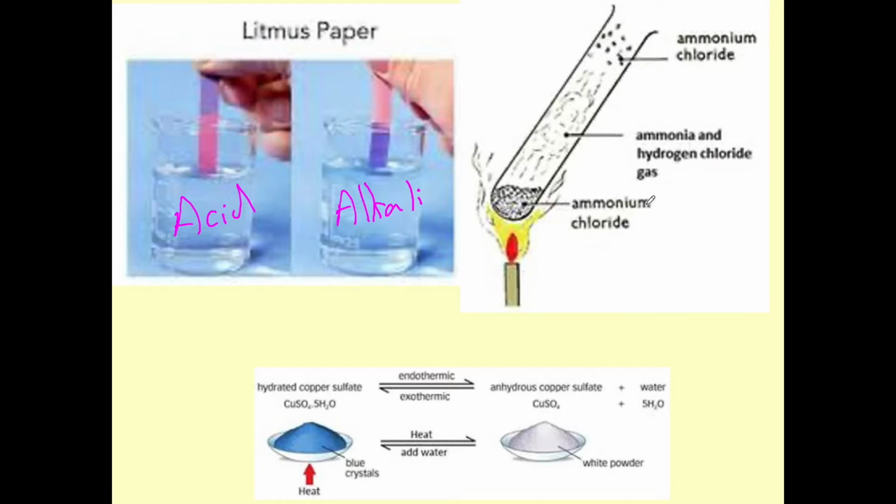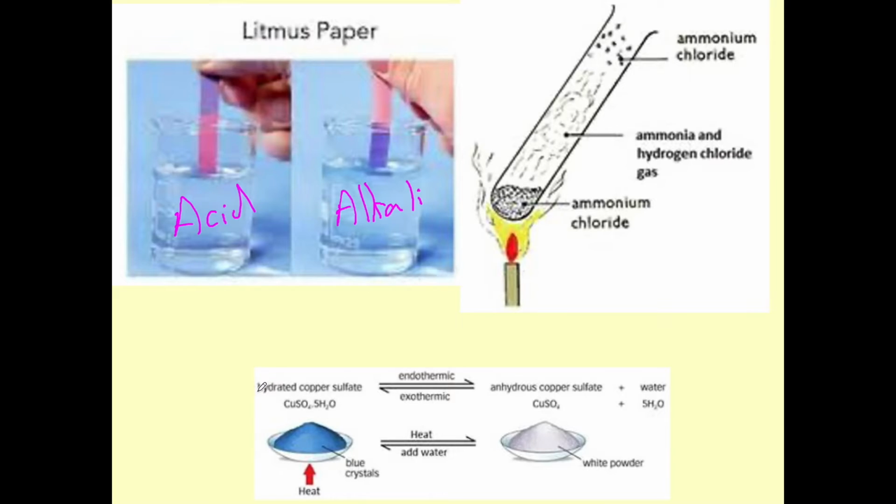Another example is looking at copper sulfate. So you would have made these blue copper sulfate crystals last year, again during that salts topic. So what we have here is a reversible reaction looking at heat and water.